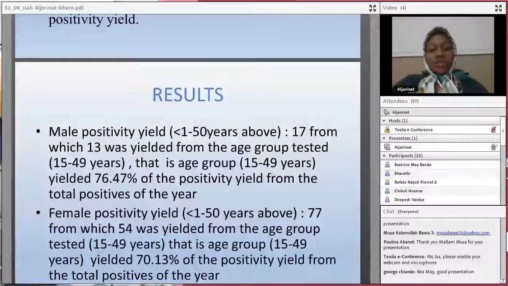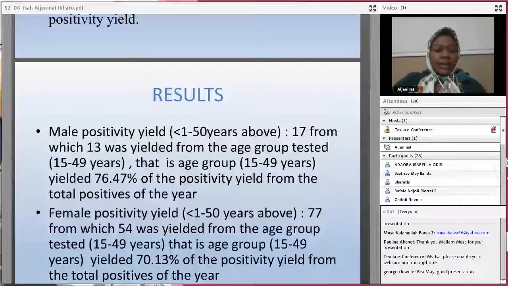So the results from the analysis, the male positivity yield between 1 to 50 years old, we had 17 positives. But the initial age band, which we are actually looking out for, is 15 to 49, and we had 13 males who turned out reactive, that's positive.